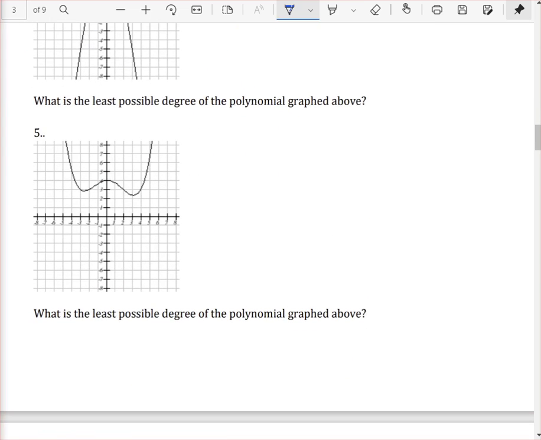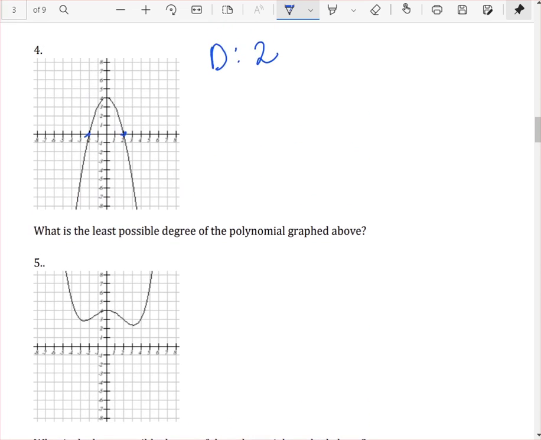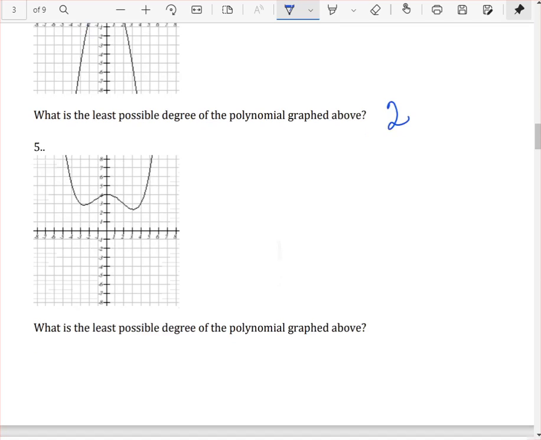And then we go into some examples that say, what is the least possible degree of the graph of the polynomial? So what you're going to do is look at those terms that it has. I think that's what they were asking for number 4 too. Well, this one, it's a parabola, so we know it's going to be 2.